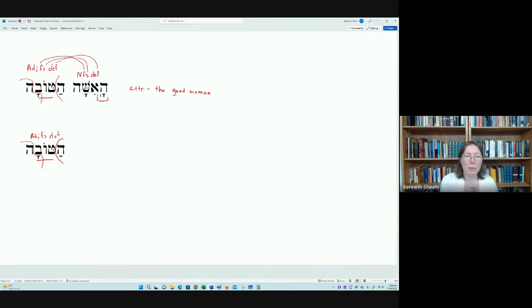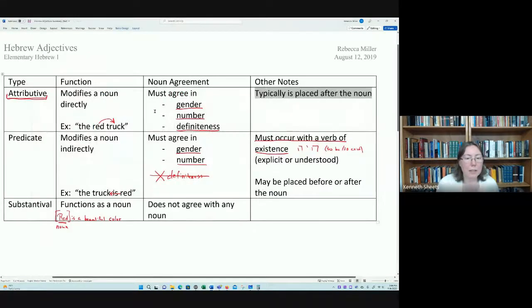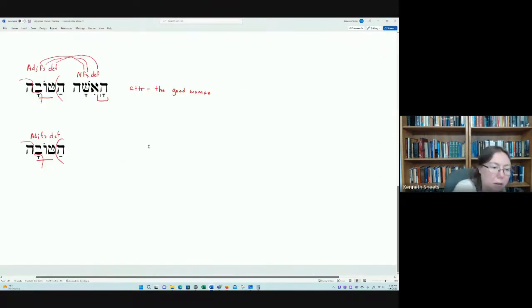There's no noun for this adjective to modify, which means this is not going to be the attributive. It can't be the predicate either, but it is the substantival. Our adjective is itself functioning as the noun. So we would then say, translate the article, the, and then the adjective, good.